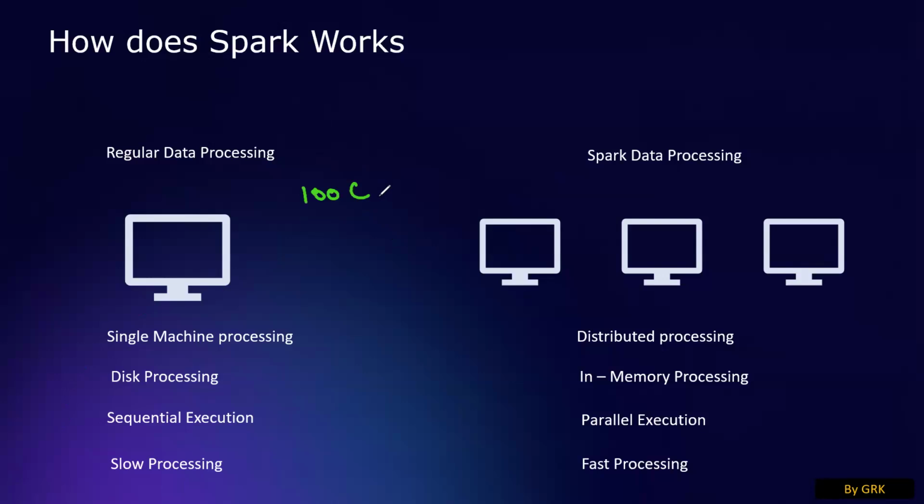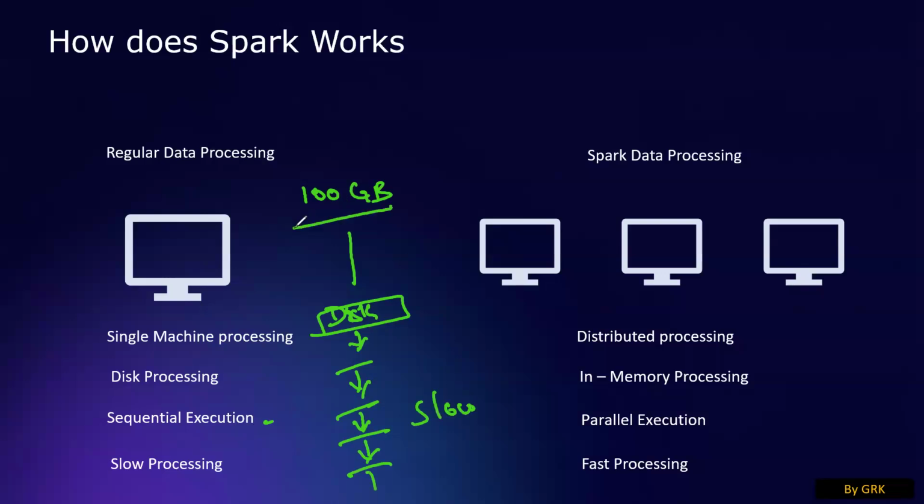Okay, 100 GB of data. In your regular single machine processing, it has to take the data from disk and do one step after the other, sequentially. It is very slow processing.